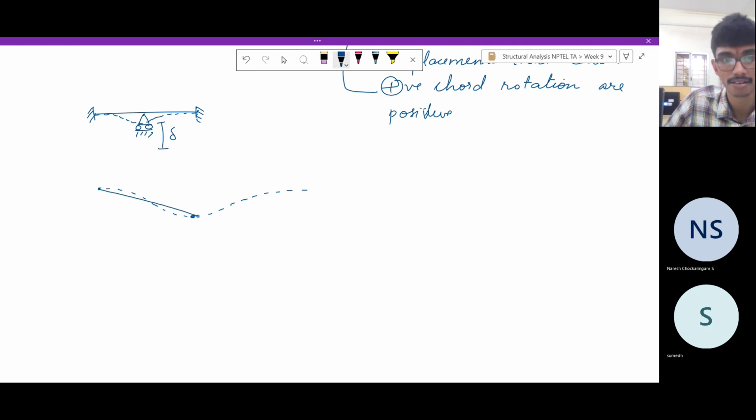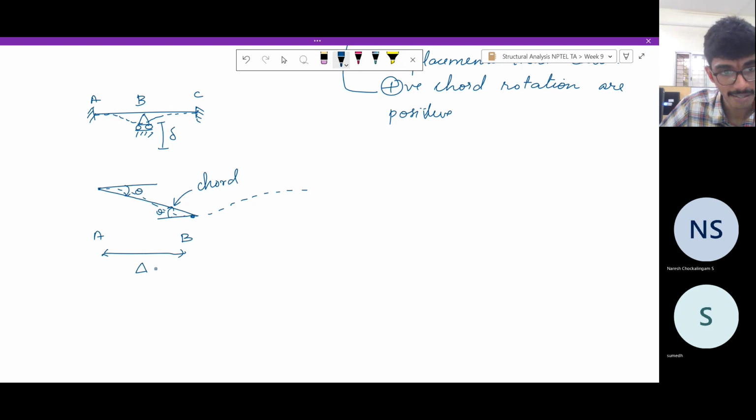This is called a chord. In this span, let me call this A, B, and C. And in the span AB, this delta has resulted in a clockwise rotation. So in this span AB, delta should be taken as positive.